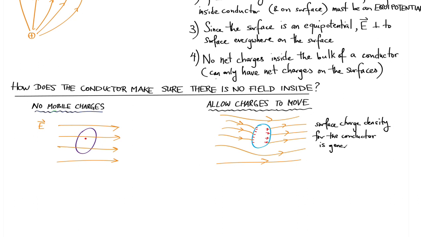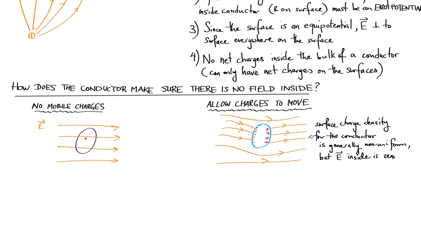And it's non-uniform in such a way as to completely cancel out the electric field inside. So E inside is 0. Okay. And again, no net charge inside.